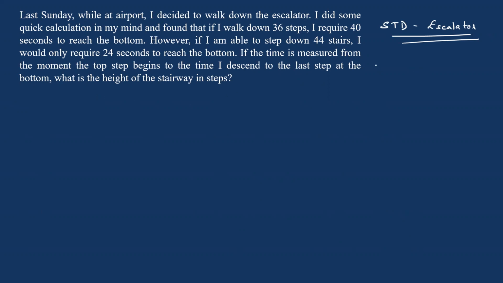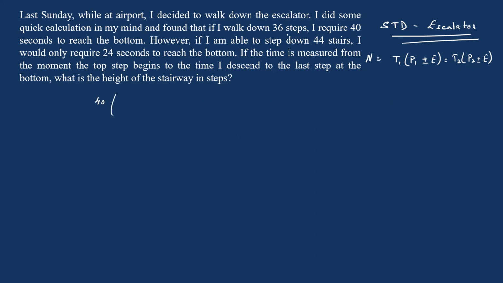So we have a very simple formula for the number of steps in the escalator, which is the time taken by person 1 times the speed of person 1 plus or minus the escalator speed, which should be equal to the time taken by person 2 times the speed of person 2 plus or minus the speed of the escalator. Clear? Now, time taken is 40 seconds.